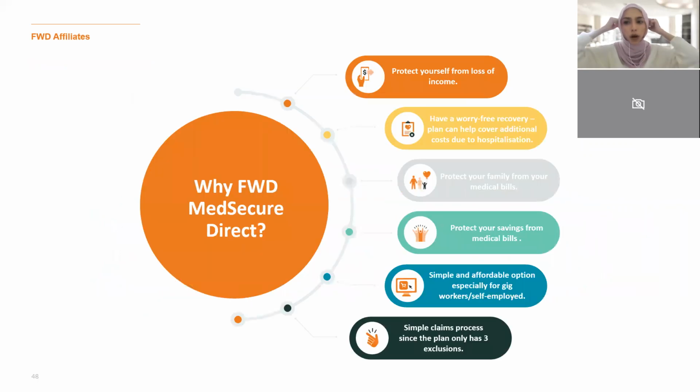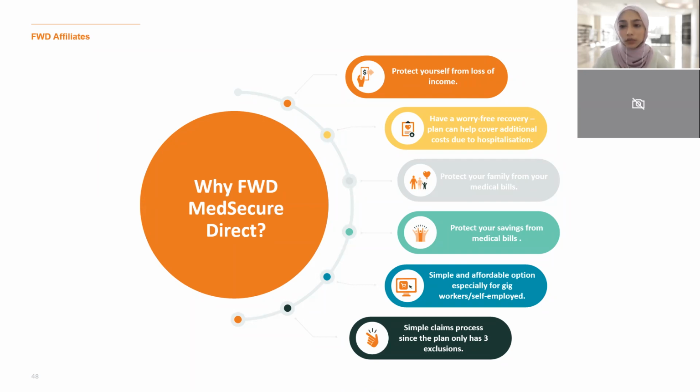Okay, so what is great about MedSecure Direct? It protects you from the loss of income. So for example, let's say you are someone that works day-to-day wages, right? Or if you know someone that works with a day-to-day wage, the plan is really good for them, because if they are hospitalized, they cannot work and they cannot earn, the income that they get from the cash allowance can help to supplement that for the time being.